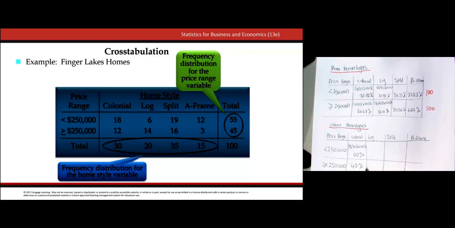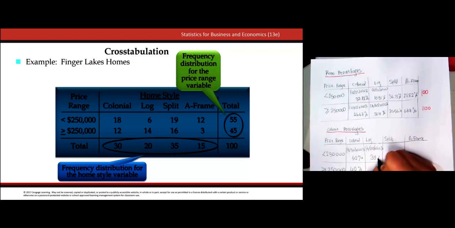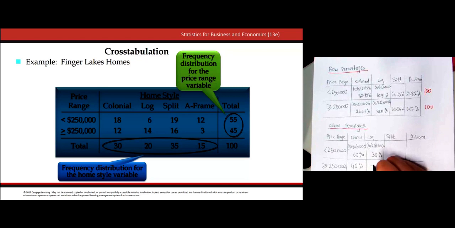And now the log style, it's 6 divided by 20 times 100%, which is 30%. If this is 30, then this is 70%, which is 14 divided by 20 times 100.